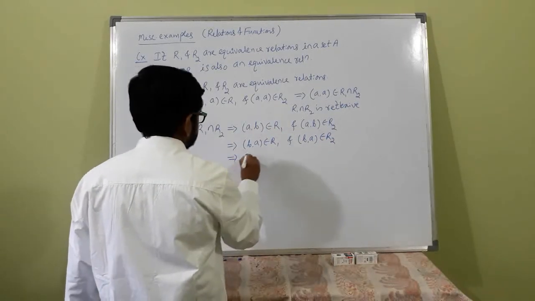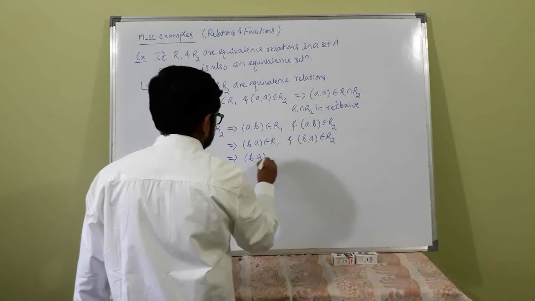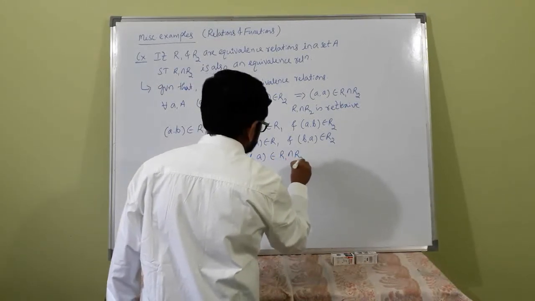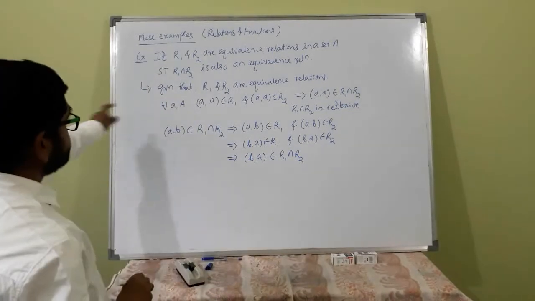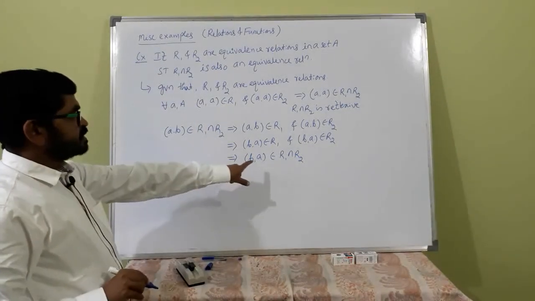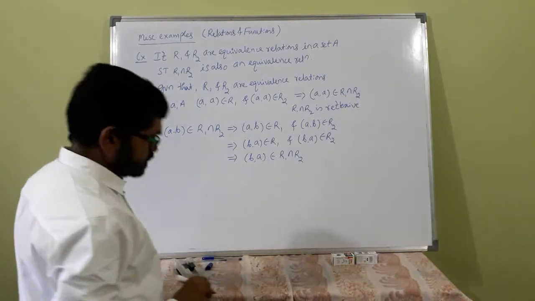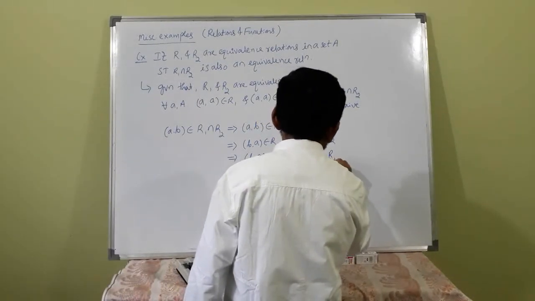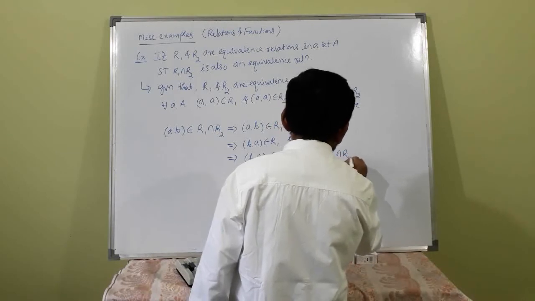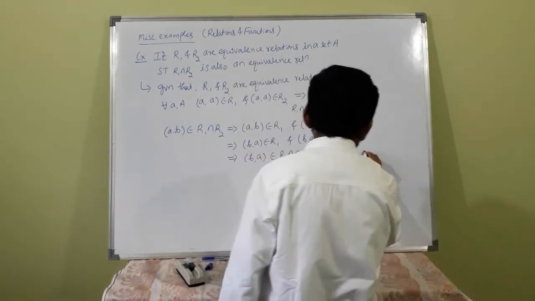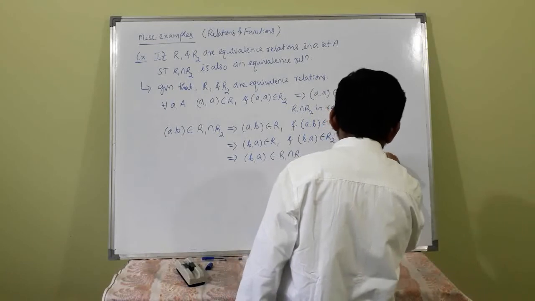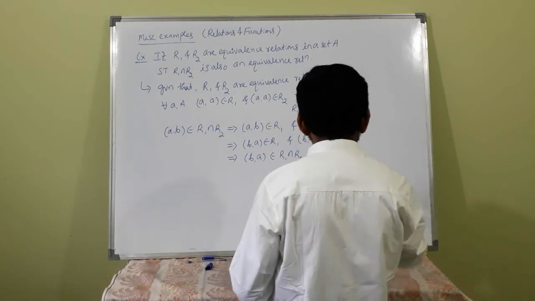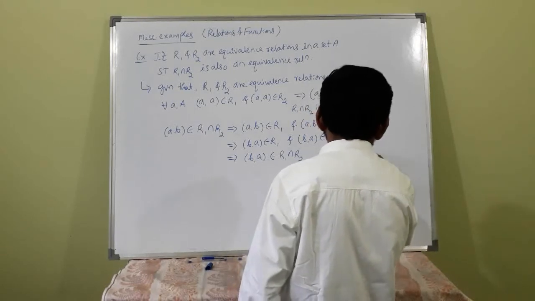That implies (b, a) belongs to R1 intersection R2. So (a, b) belongs to R1 and R2, and (b, a) also belongs to R1 and R2. Therefore, R1 intersection R2 is symmetric.